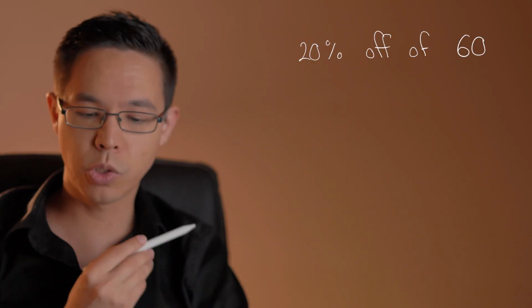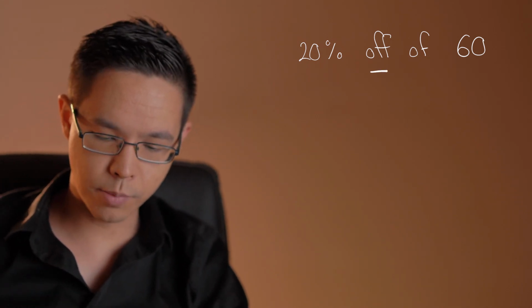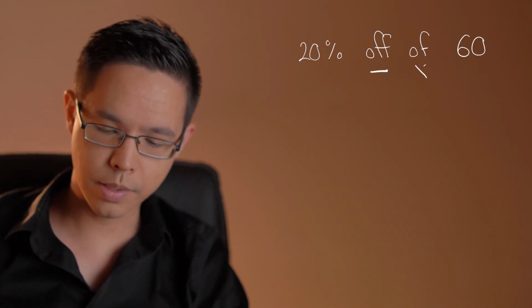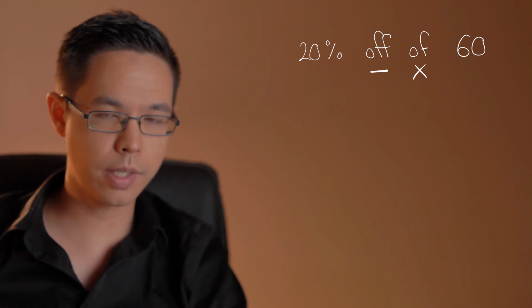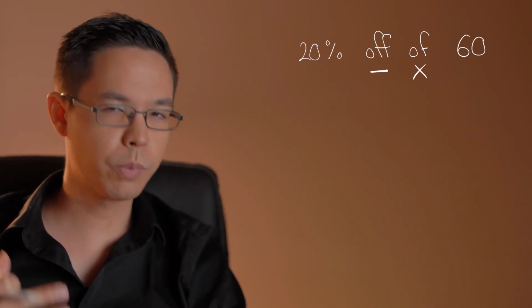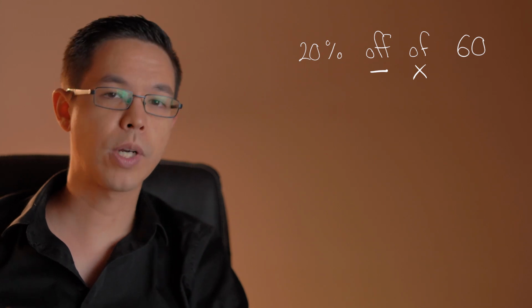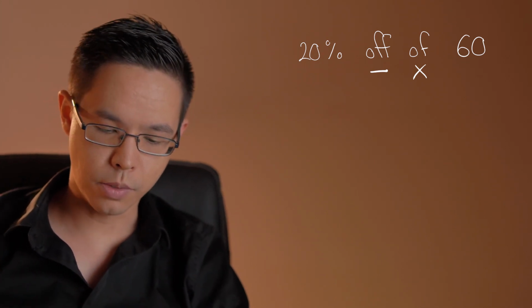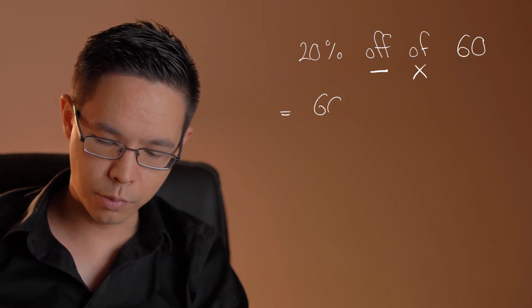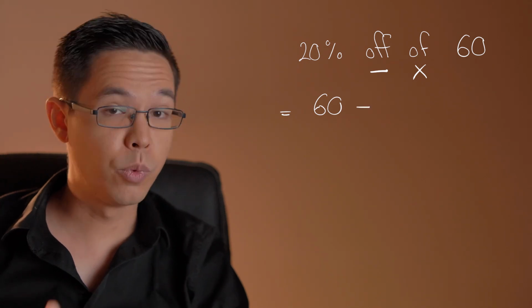In this example, I've got 20% off of 60. If you recall from the start of the video, off means subtraction, of means multiply. So again, we have to ask ourselves, what are we subtracting from? We're subtracting from 60. So that's my first line of working. I have 60, and I'm removing some from it.